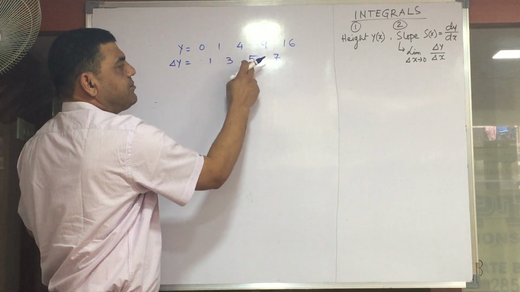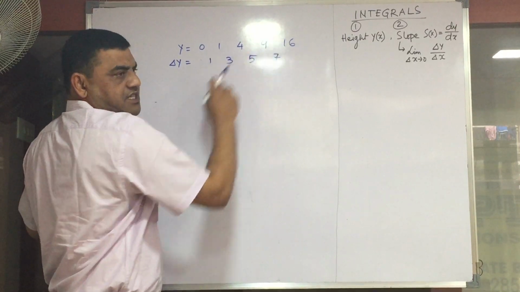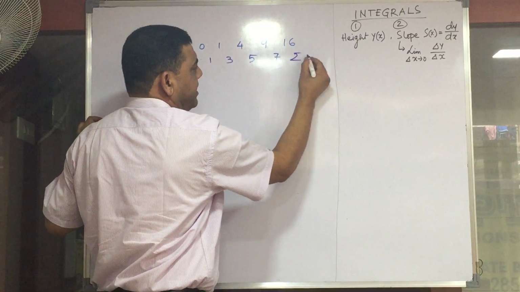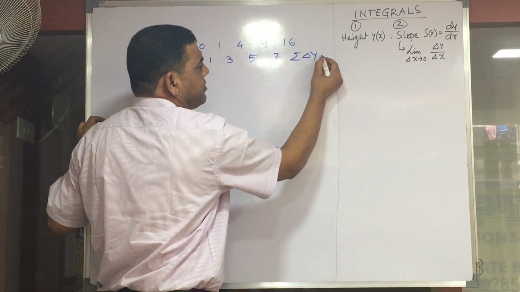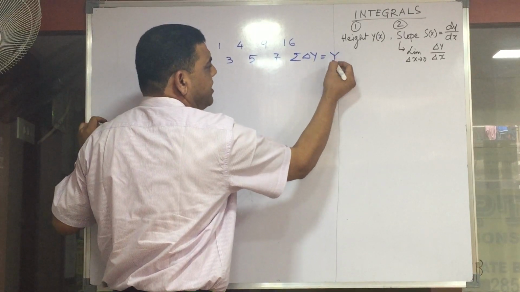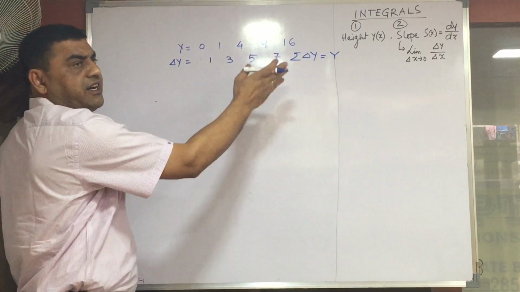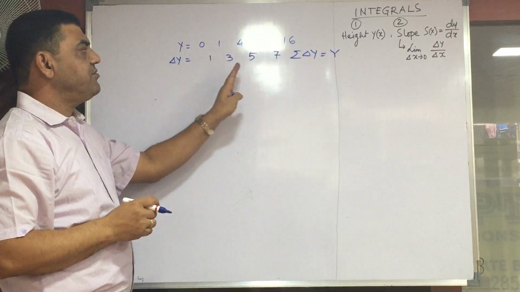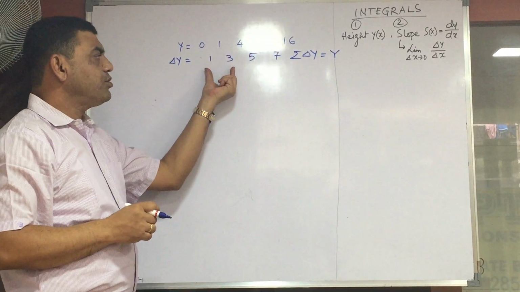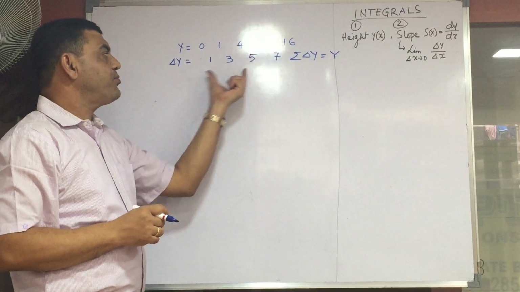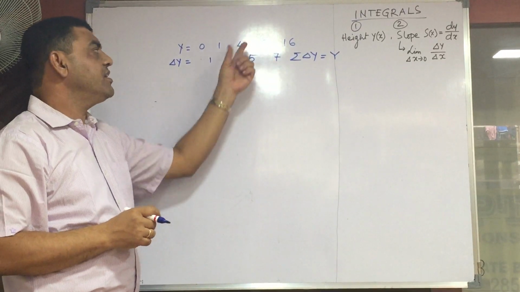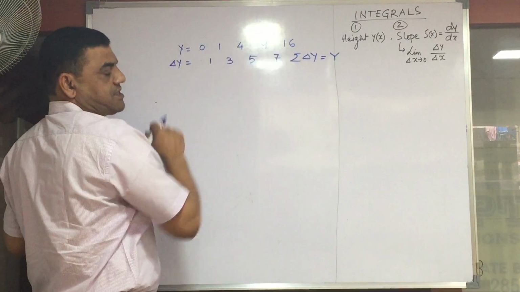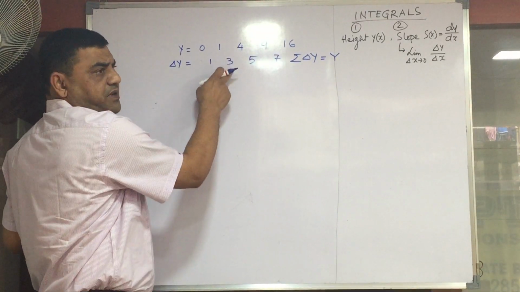And 1 plus 3 plus 5 plus 7 gives you 16. That means the summation of delta y gives you the information about y at different instants, provided we take the running sum. So if we know the differences in each interval, the sum of them gives you the value of y, the first function. This is the arithmetic approach.